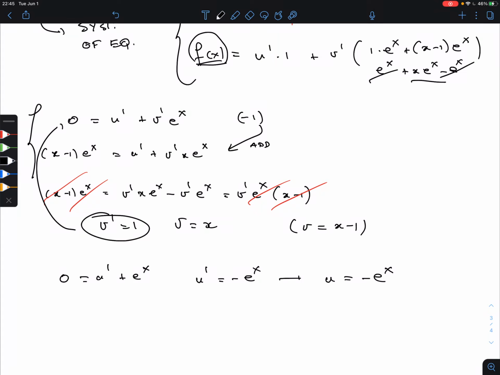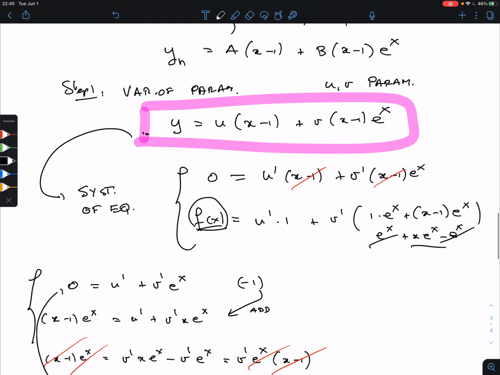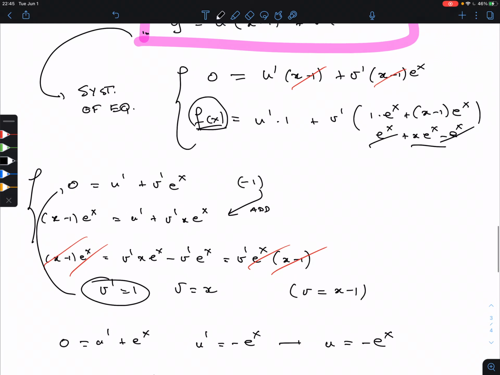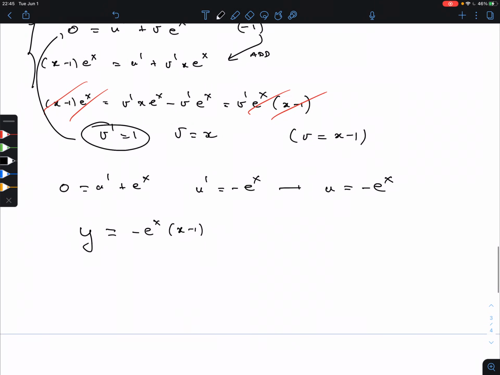Are we done? No, because remember, u and v were part of these parameters that defined y. So that was minus e^x times x minus 1, and that's this one, plus v. v was what? v was x, sorry. v was x, so I shouldn't write v, right? I should write x.